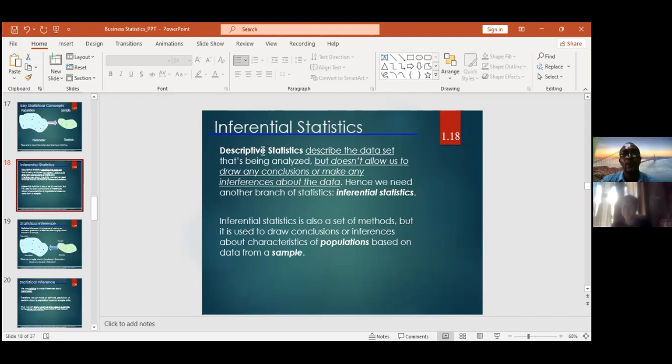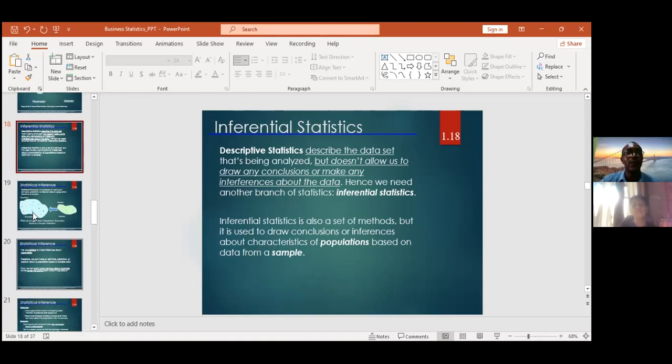To solve this problem, we need another branch of statistics called inferential statistics. Inferential statistics is also a set of methods, but it is used to draw conclusions or inferences about characteristics of the population based on data from the sample. So inferential statistics enables researchers, for example, to take a sample of the population and, based on the sample, make conclusions without using all the data in the population.